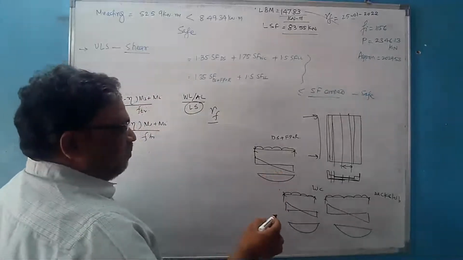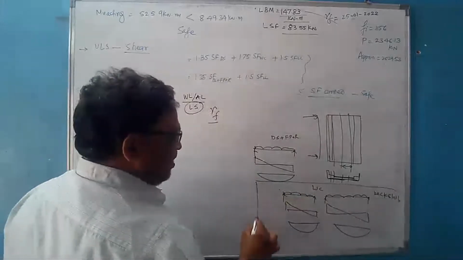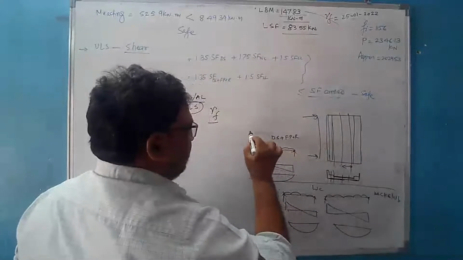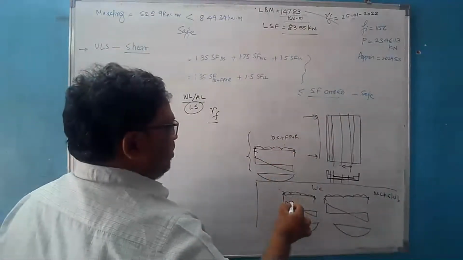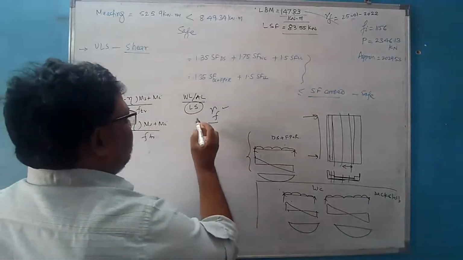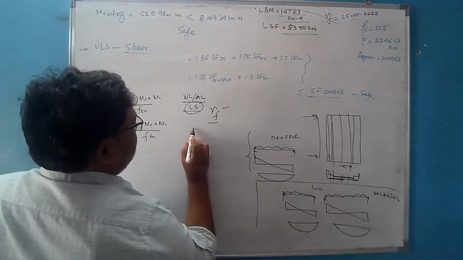So as to get the bending moment because of dead load, we had considered two different cases: when the 1 meter wide strip is considered from the carriageway width, and when the 1 meter wide strip is considered from the footpath. Whichever was greater, for that we applied the particular gamma f for the limit state of serviceability. That was applied for the live load.